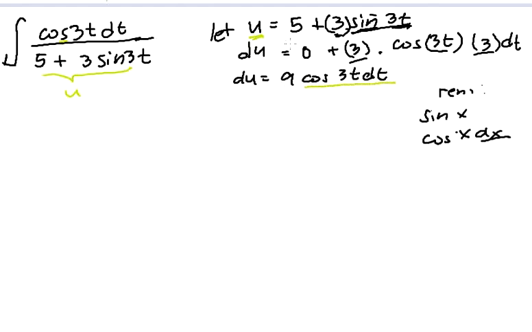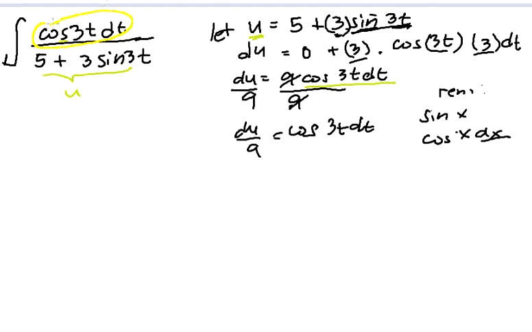So we need to divide this whole term by 9, so that du over 9 is just equal to cosine 3t dt. So cosine 3t dt is equal to du over 9.